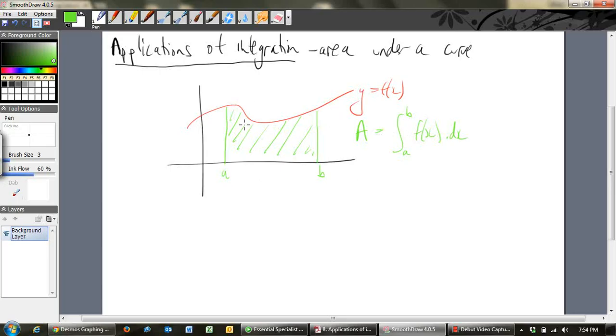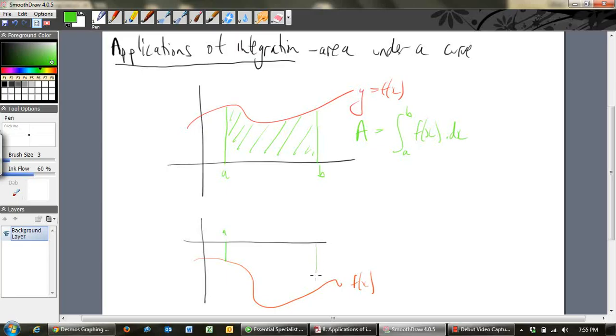Now, the important thing to understand is that this must be if the function is above the x-axis. If you have the situation where your function is below the x-axis, so that's your f of x down there, then your integral between A and B will actually be negative.